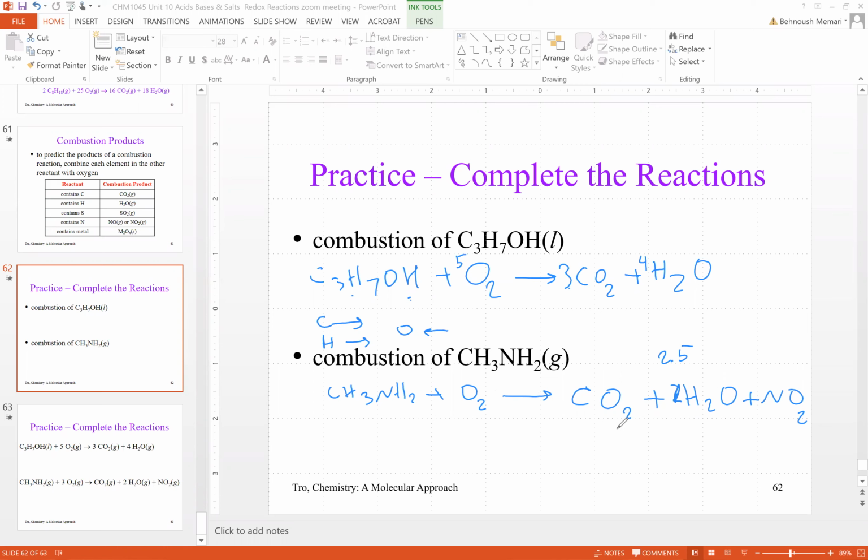So we have 2 oxygen and 2 oxygens, that's 4 oxygens. 4 oxygen plus 2.5, that is 6.5.